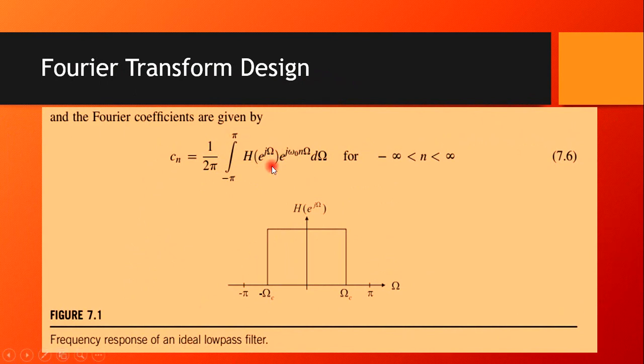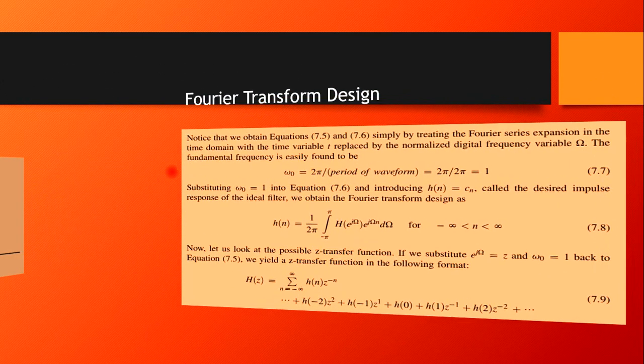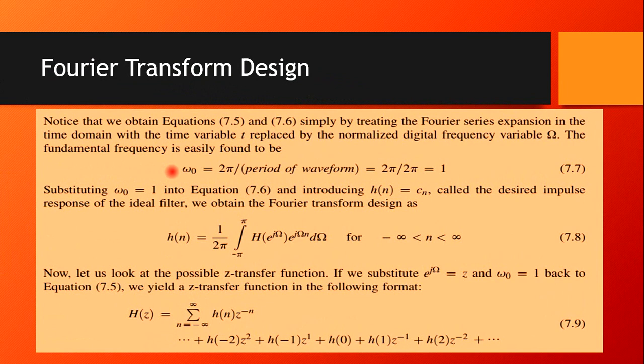We know that the Fourier series coefficients c of n is equal to 1 by 2 pi, integral from minus pi to pi of the transfer function multiplied by e to the power j omega naught n omega d omega, for n from minus infinity to infinity. This is the periodicity of the ideal low pass filter response. So in 7.5 and 7.6, if we again represent it in the time domain, we will see that omega naught will be 1.